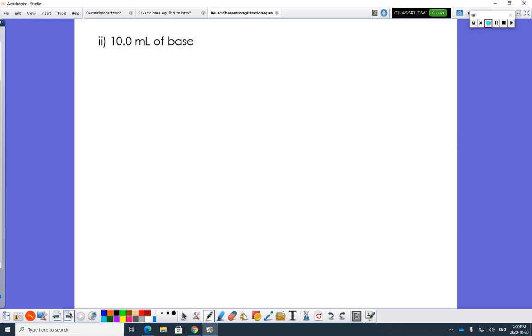So we are adding 10 milliliters of base. So we need to use that 30 eventually to figure out what our new concentration is. So, do we have the same amount of acid and base in terms of volume?